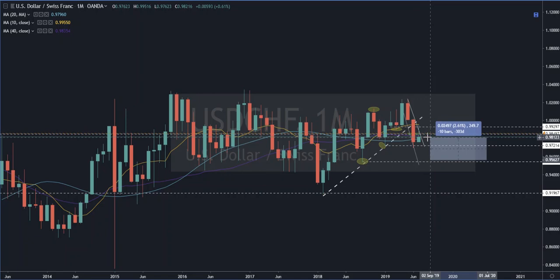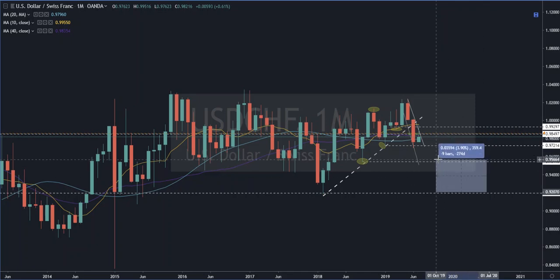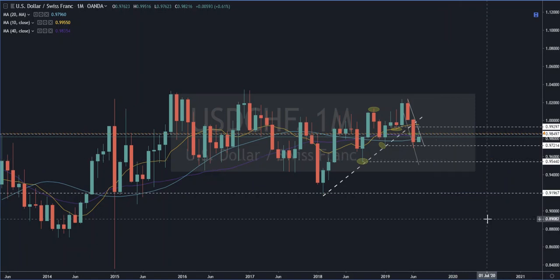Depends on price action, but I'll certainly be monitoring that area for our PT. And depending on how it reacts, we will certainly lock in profits around these sort of areas here. But this is a kind of range trade, so we could even be looking at another 300 pips after that. So really good risk to reward on that trade, potentially.